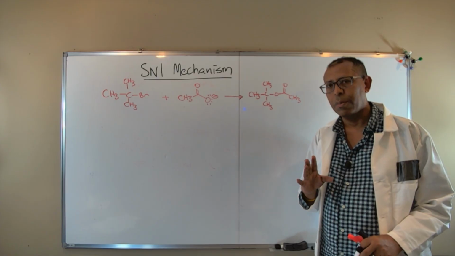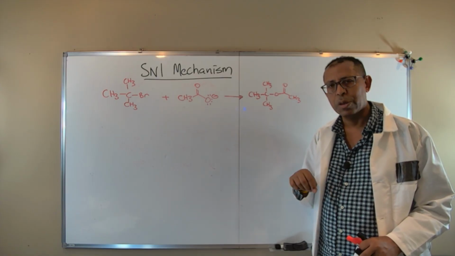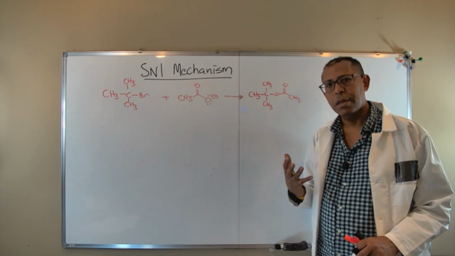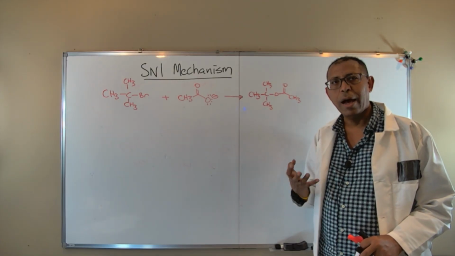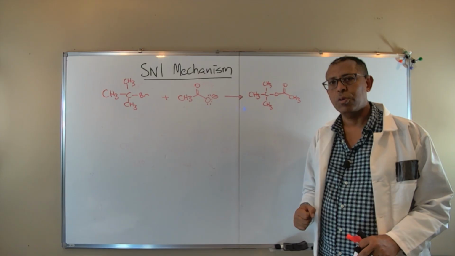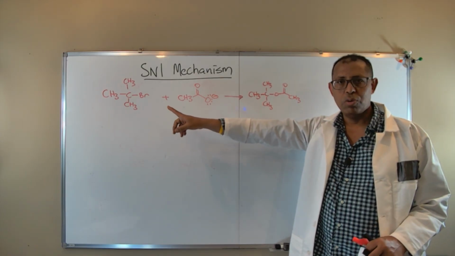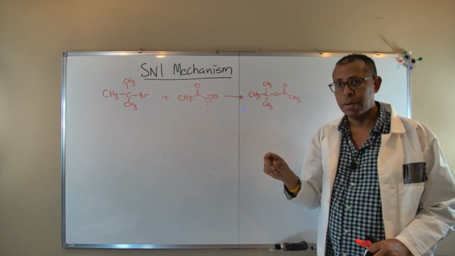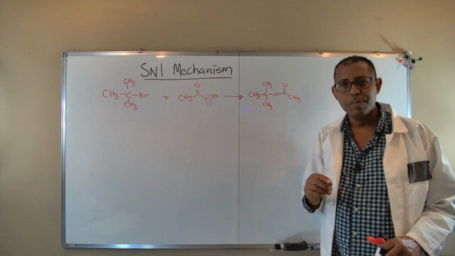Actually, it's not primary. It will be the lowest level, methyl bromide, which is very active toward this SN2 reaction. Here I want to characterize the nature of the alkyl halide. It is very important for this mechanism.